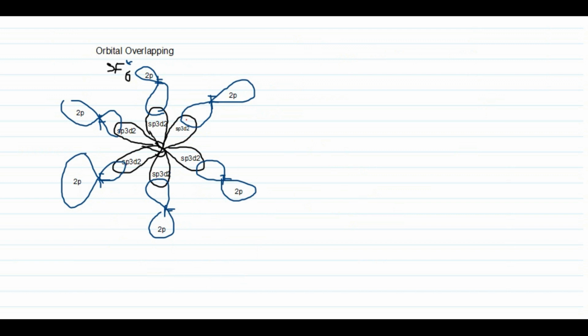So 1 here and 1 here. It needs to be an opposing spin because according to the Pauli exclusion principle, no two electrons have the same set of quantum numbers, and they couldn't be on the same arrow because we need to minimize repulsion: one clockwise and one anti-clockwise. So it happens for every single SF bond.